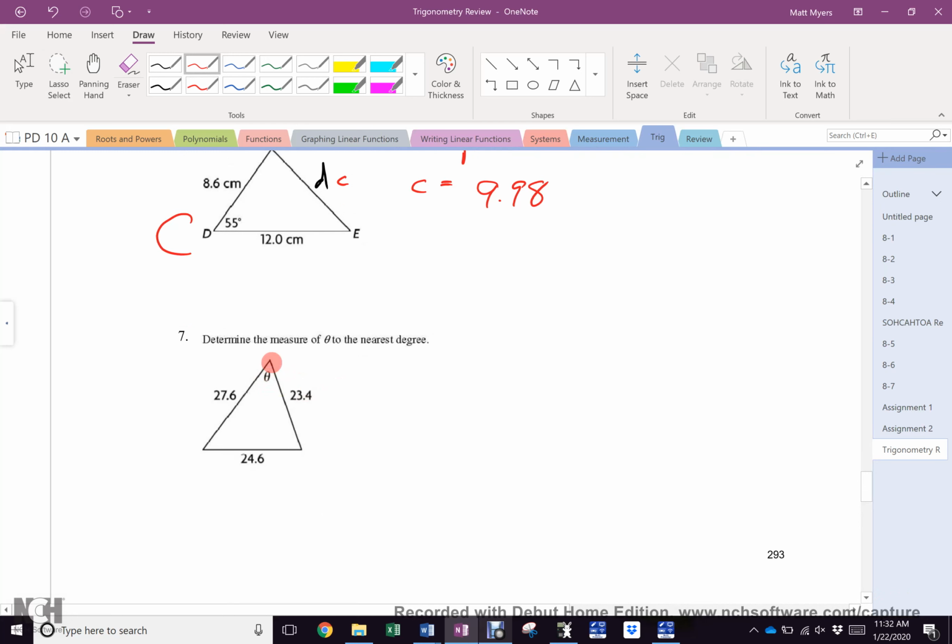Find theta. Since that's theta, I make it big C, which makes that little c.